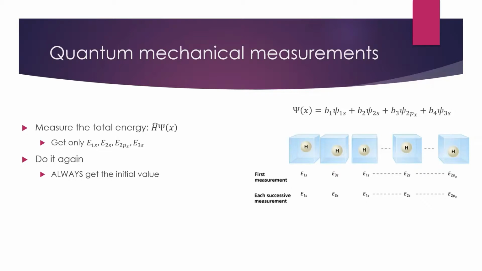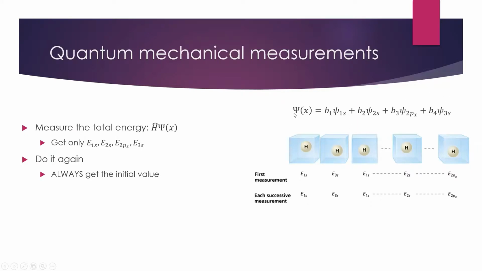The quantum mechanical explanation for this is that before you do a measurement, the system exists in what I mentioned before, and we'll see on the next slide, a superposition wave function. An example of that is shown here. Again, this is talking about the hydrogen atom.